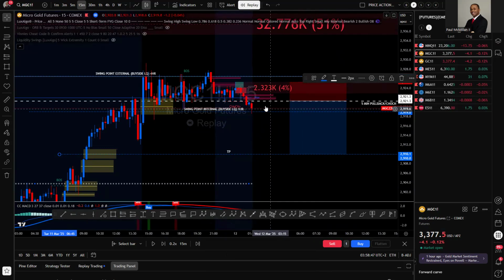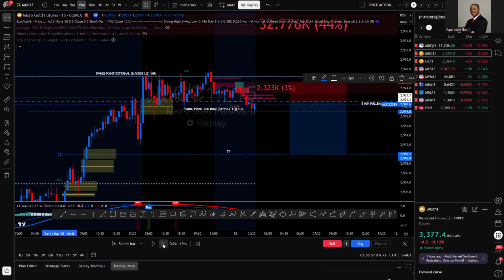But we'll see if it corrects. Now, they can wipe out this liquidity and push price up. So if it breaks above this chops level, they're going to try it. We'll see. And it could be a healthy pullback as well. Keep going.